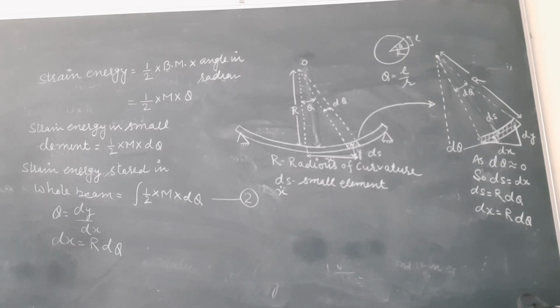From this equation, 1 by r is equal to d theta by dx.